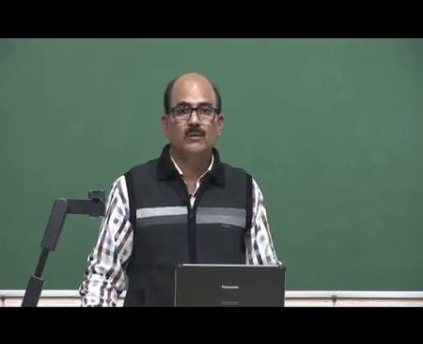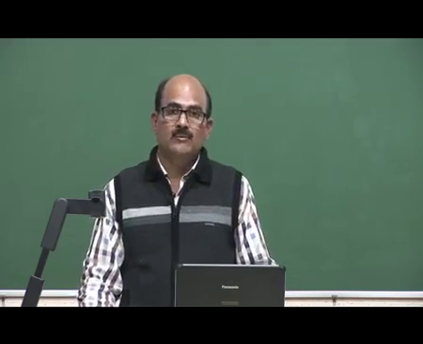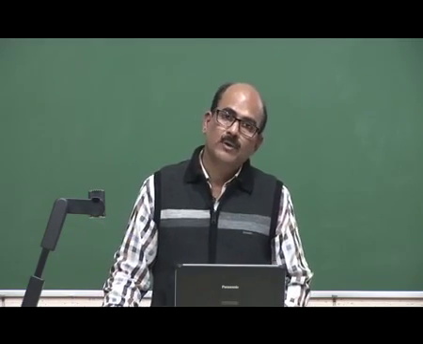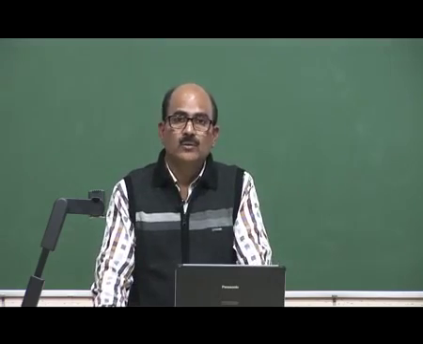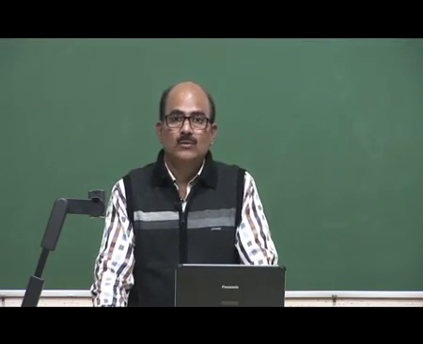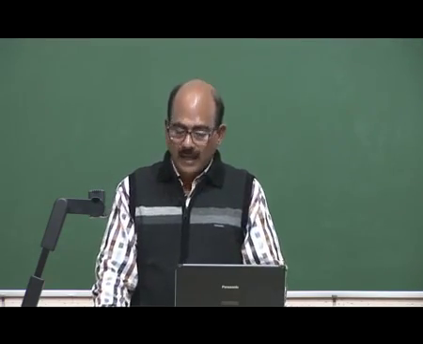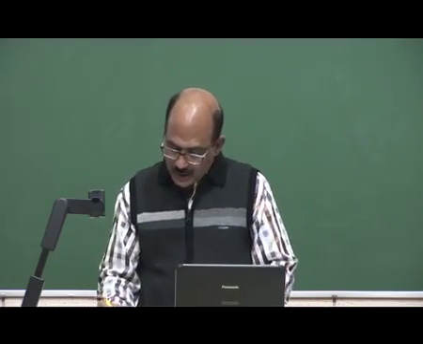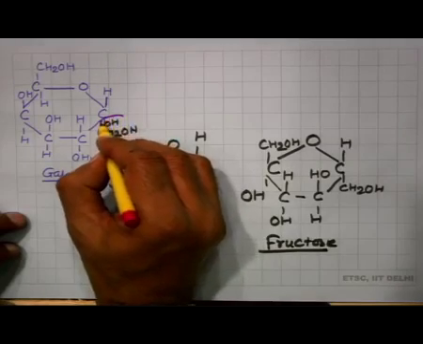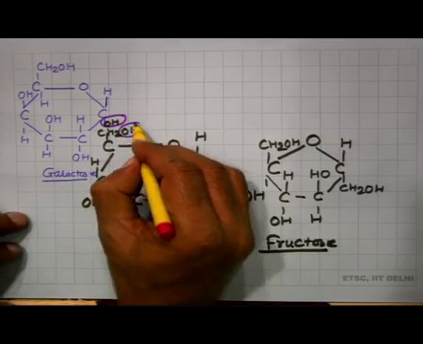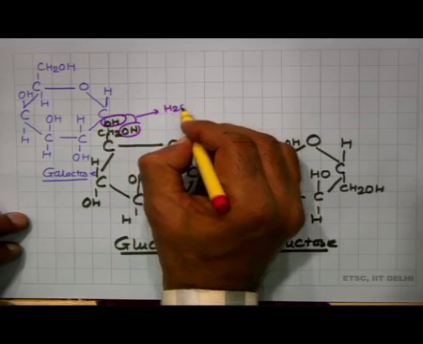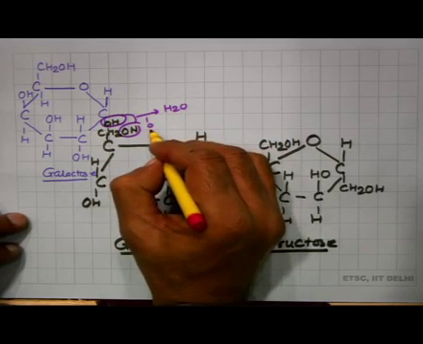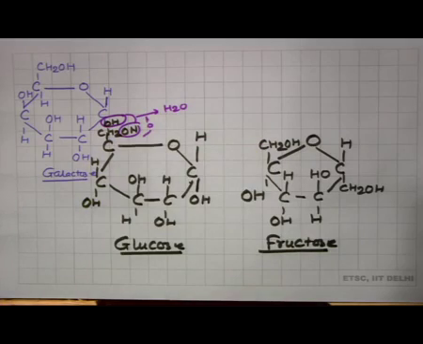After the formation of glycosidic bonds, raffinose is formed. Raffinose is a type of oligosaccharide made by glucose, galactose and fructose. Now, see how the bond is formed. This bond is formed between this OH and this OH. After the formation of the bond, H2O is released.